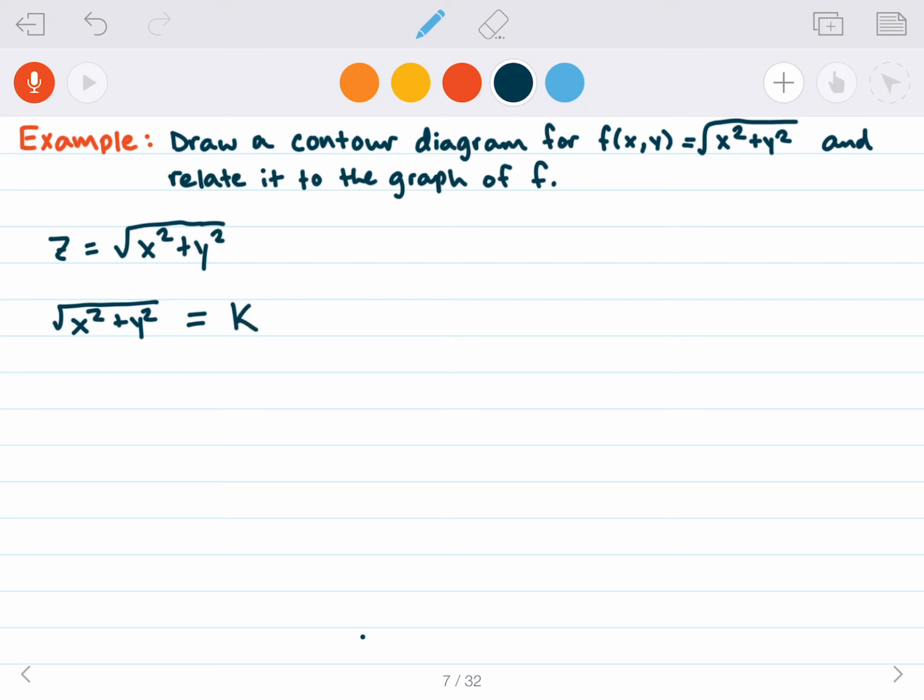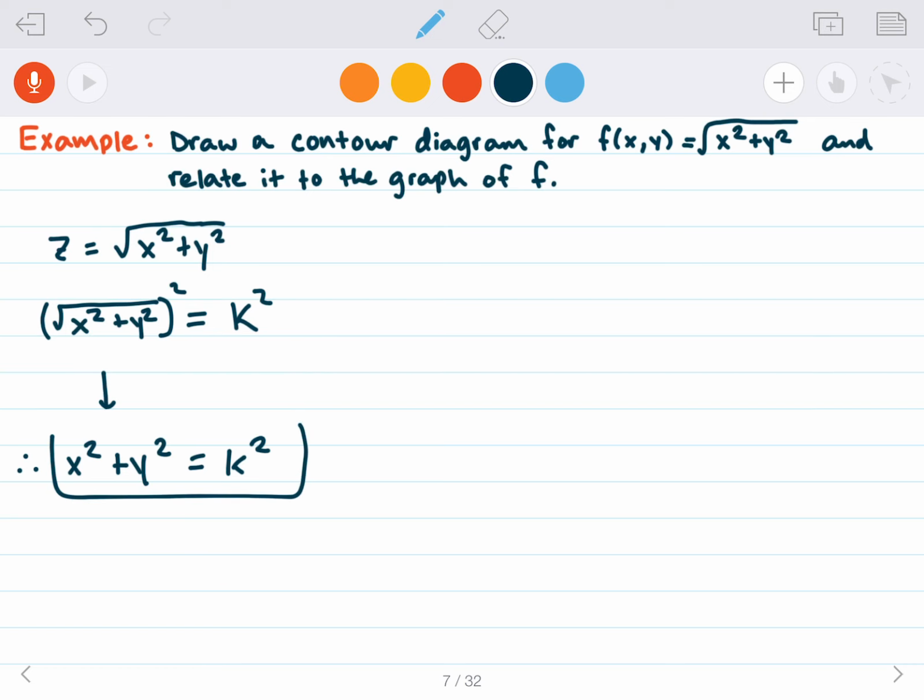If I isolate just my x squared plus y squared, I can square both sides, and this equation is equivalently x squared plus y squared equals k squared.